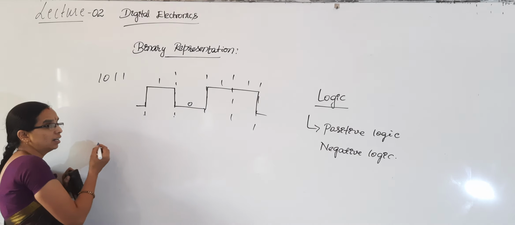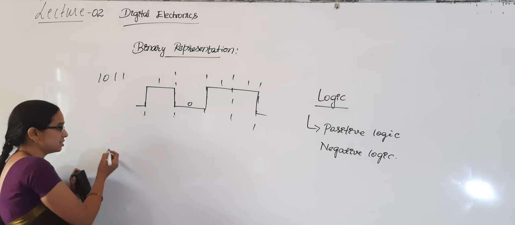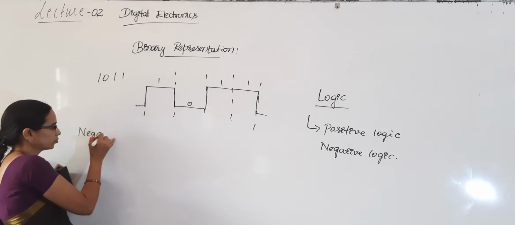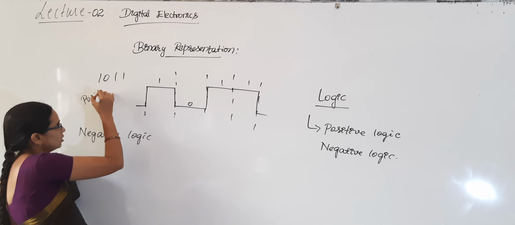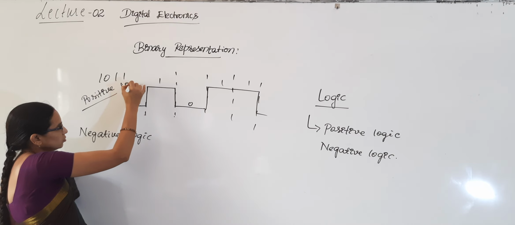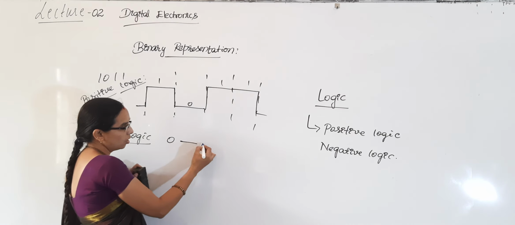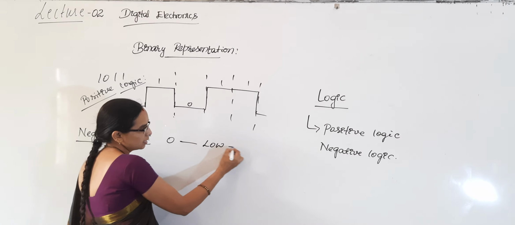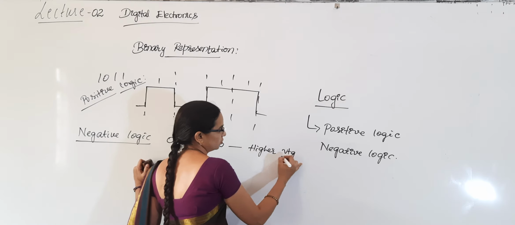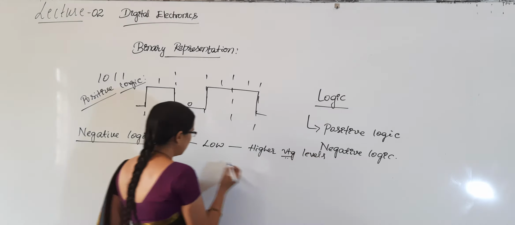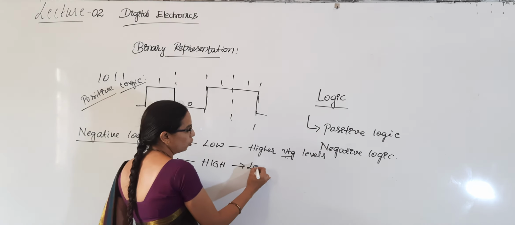In negative logic, the 0 or low state is represented by higher voltage levels, and 1 or high state is represented by lower voltage levels.